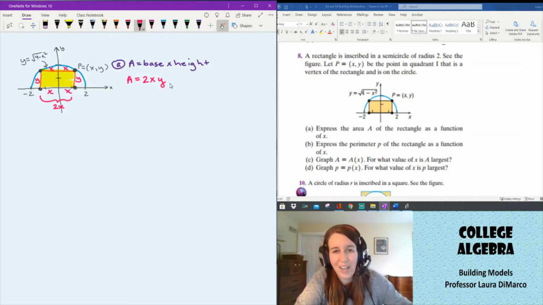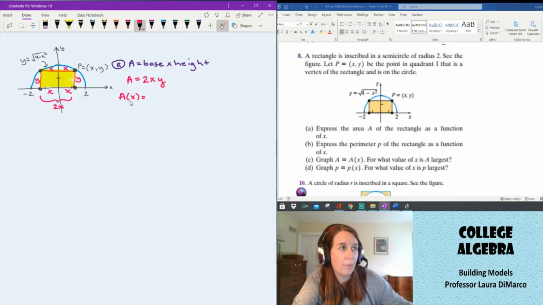Okay, we're not quite done, because what they're actually asking is for the area in terms of x. What that means is, write it as a function, A of x, and we can't have y's in here. We can only have the variable x and numbers and operations. So we already know 2x, and then we need to translate that y into something in terms of x.